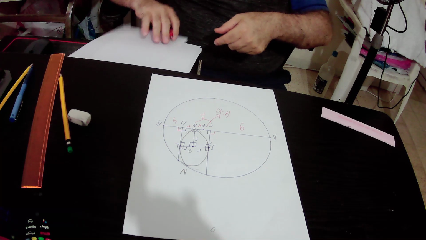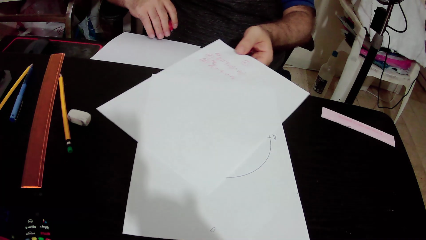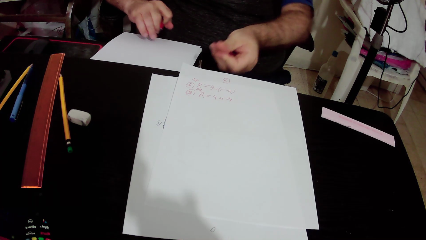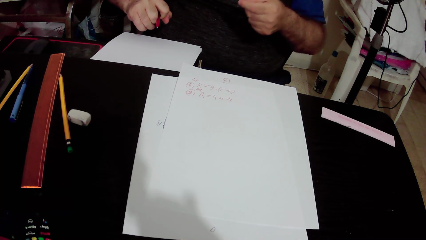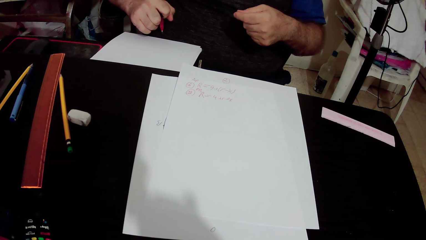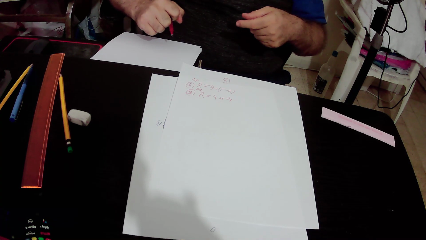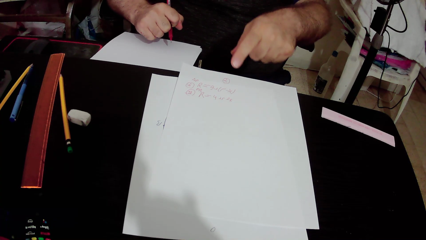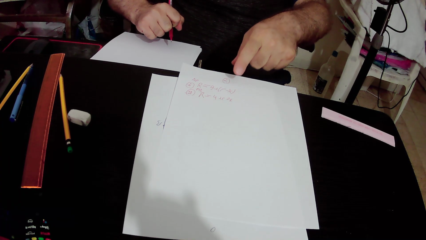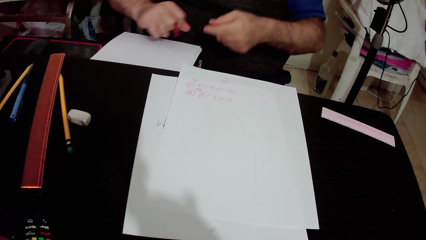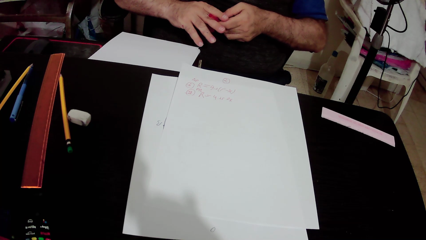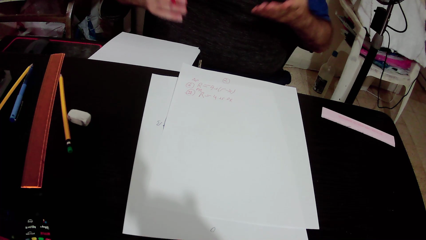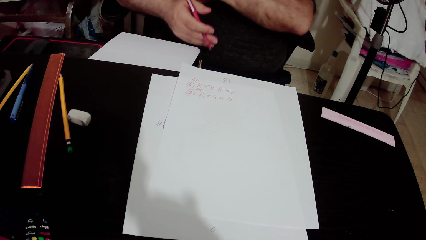Okay, so the radius of the big circle, capital R, when we calculated it from the left side of the circle, equals 4 plus small r plus x. So we calculated the radius of the big circle in two different ways.